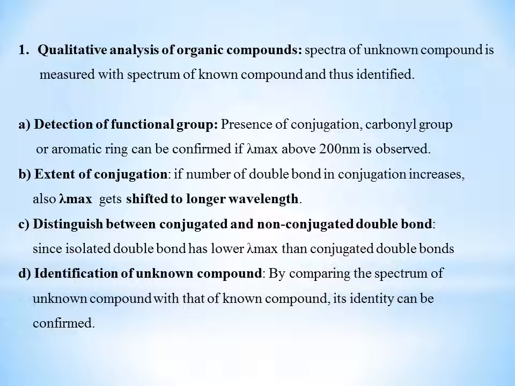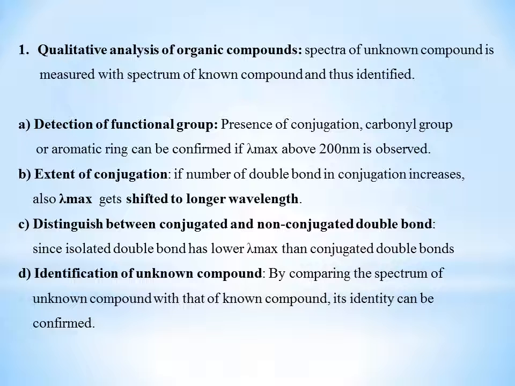On that basis we can identify whether there is conjugation or not. Then the third basis is to distinguish between conjugated and non-conjugated double bonds. If there is more than one double bond, they can be conjugated or non-conjugated. If the lambda max is shifted towards lower wavelength, then the double bonds can be non-conjugated. On that basis also we can identify the structure.